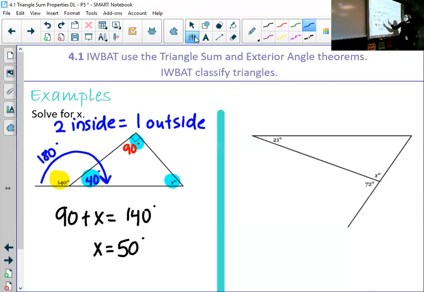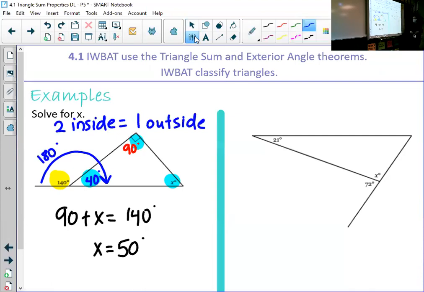So then I could have done x plus 90 plus 40 equals 180. Sometimes you're able to do that if the exterior angle is a number value instead of an algebraic expression. So just so you know, there's more than one way to do that.